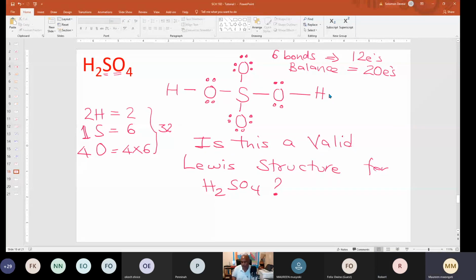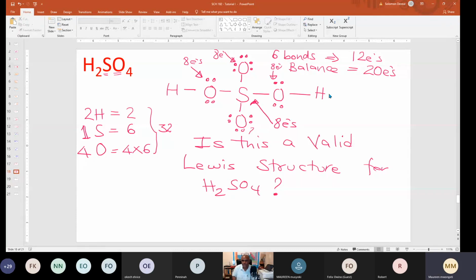So if you look at it, how many electrons do you see on the sulfur? 8. On the oxygens, this oxygen, which is the same as this other oxygen? 8. 8. How about this oxygen? 8.